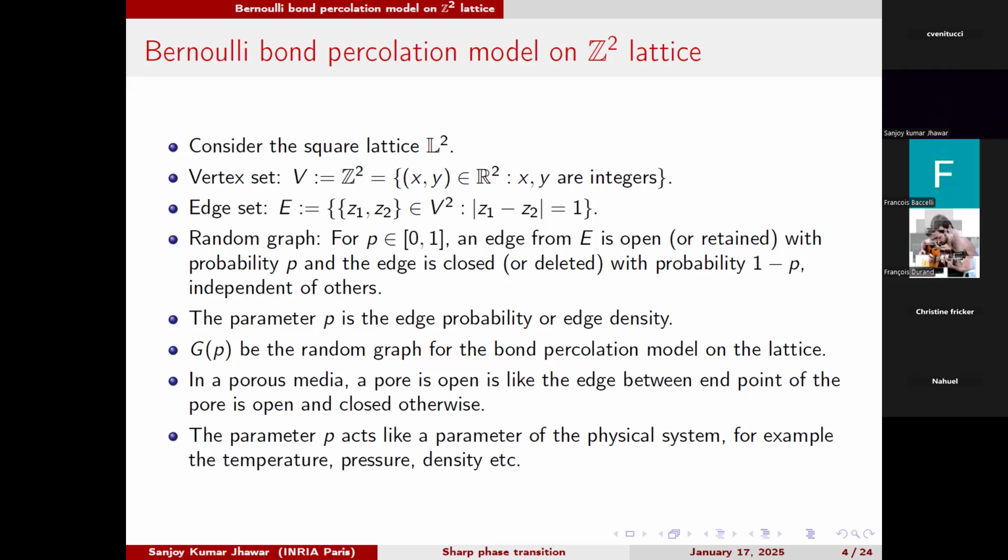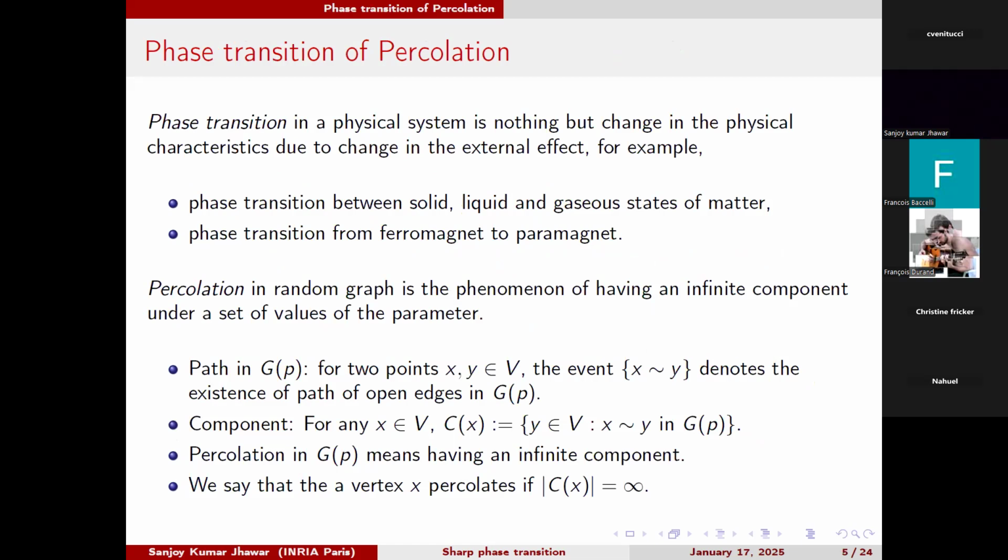We see this kind of monotonic phenomenon in some physical systems. Another example is the magnetic property of some ferrous media. There is a temperature that we call the Curie temperature, a critical temperature, below which it is a ferromagnet, above which it is a paramagnet.